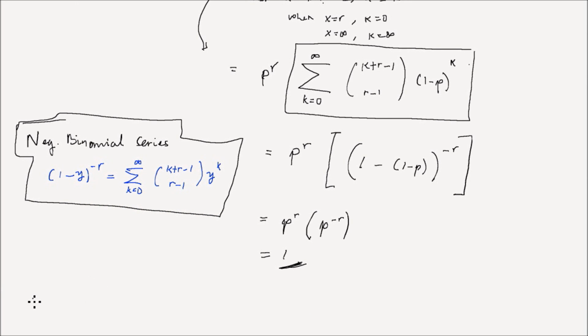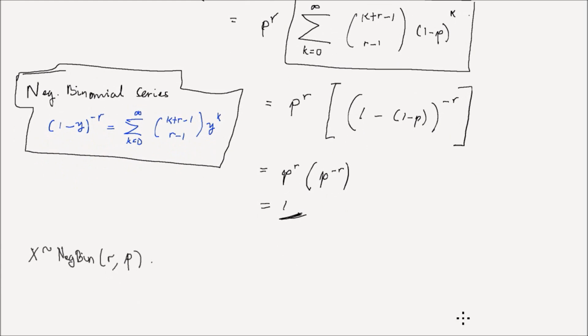I'm going to write the PMF again for a random variable X, which follows a negative binomial distribution with number of successes equal to r and probability of success equal to p.